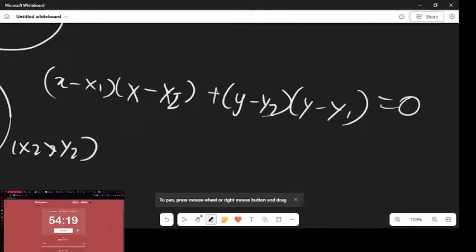So this will be the equation of the circle in the diametrical form.